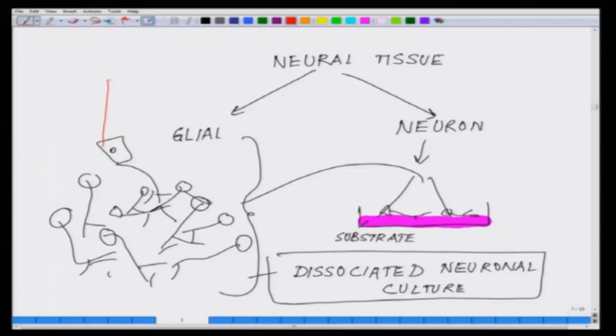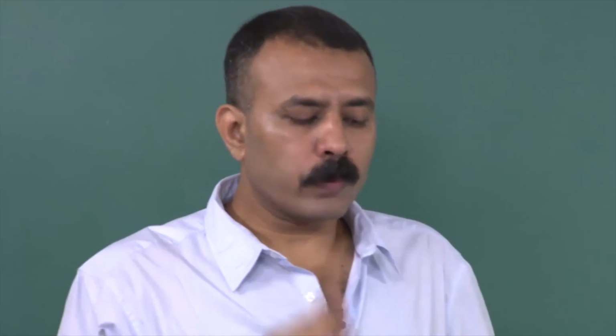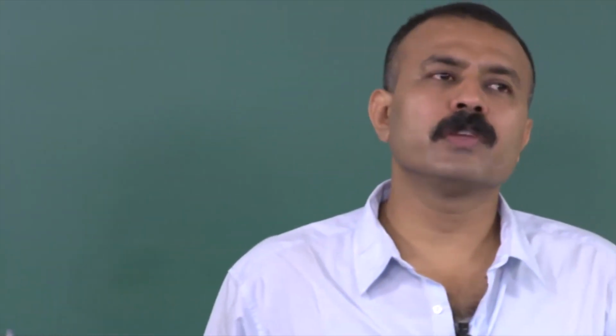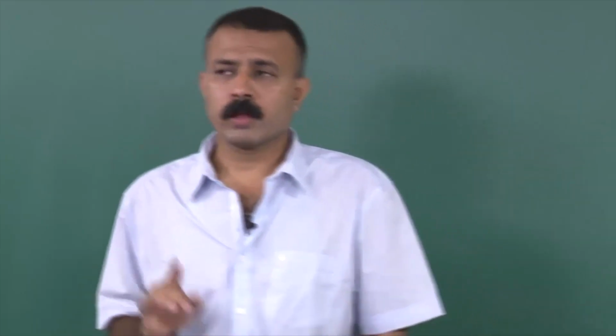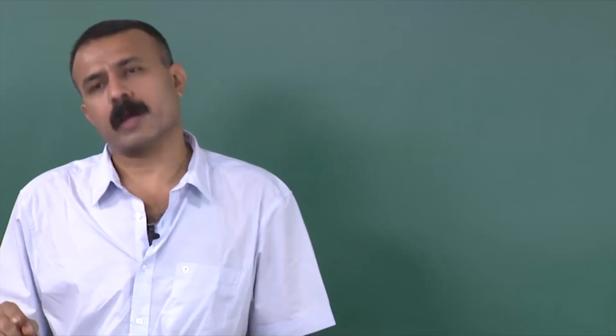You could put compound A, compound B, or a third compound out here, and figure out what they do. So, this technique gives you access to the individual cell in a dissociated culture. This is what it does, but it comes with a drawback.